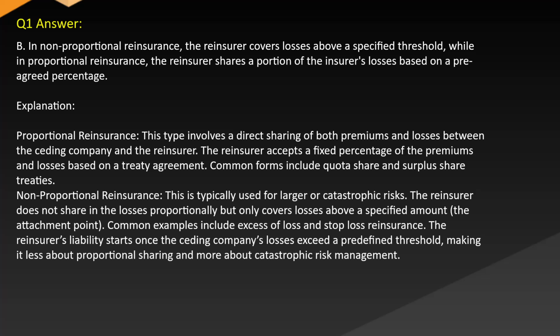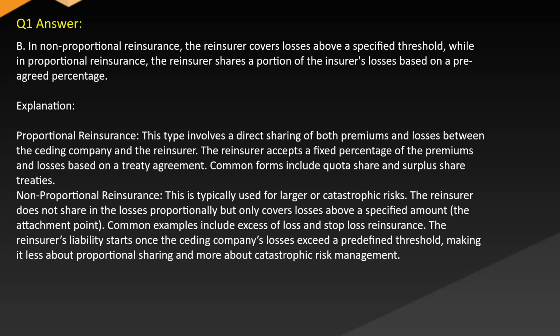Explanation. Proportional reinsurance. This type involves a direct sharing of both premiums and losses between the ceding company and the reinsurer. The reinsurer accepts a fixed percentage of the premiums and losses based on the treaty agreement. Common forms include quota share and surplus share treaties. Non-proportional reinsurance. This is typically used for larger or catastrophic risks.